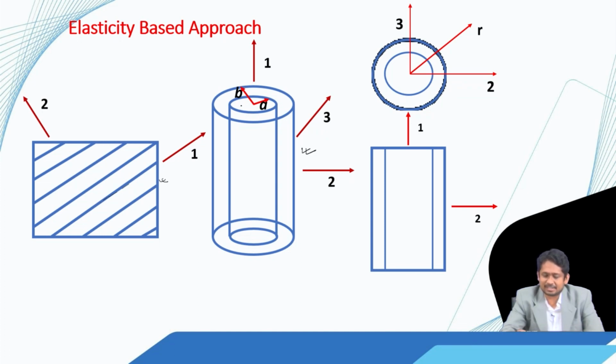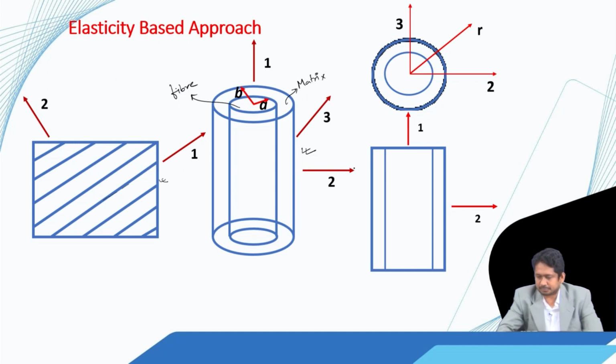The inner cylinder is the fiber and the outer cylinder that we consider is matrix. So, we assume that the fiber is surrounded by matrix, and if I find out the area of this fiber and the area of the matrix part, then we can find out the volume fractions as well.